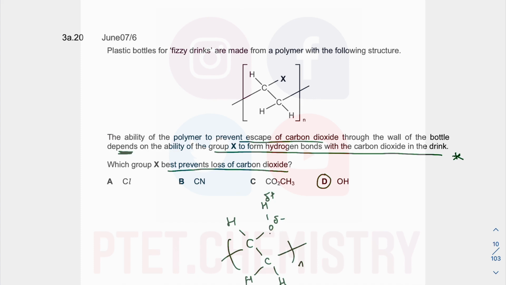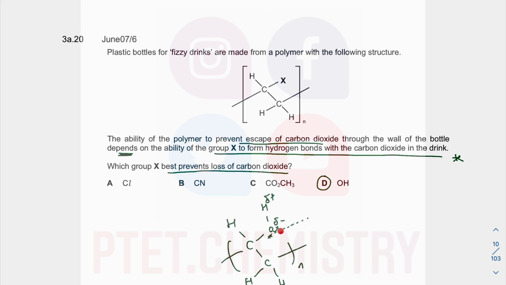And do not forget the second condition. You must have a lone pair on the highly electronegative atom. All right. So hydrogen bond with the carbon dioxide. I guess carbon dioxide is actually non-polar, but because they are close to the OH functional group there, you can think about the lone pair on the oxygen there being associated with the hydrogen of the OH group of the polymer chain, just like that.